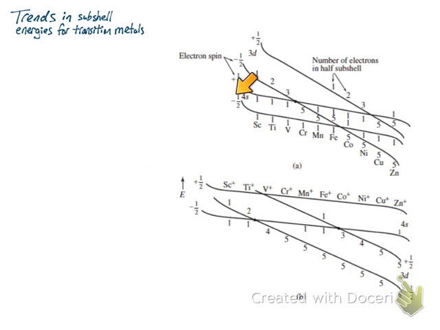Basically what you're looking at here is these two lower lines represent the energy of the electrons in the s orbitals for these transition elements, and these two parallel lines represent the energies for the d electrons. The separation in energy here represents the pairing energy of the electrons. So, for instance, the first electron in scandium will go right into a 4s orbital. The second electron goes in and has to pair up, so that slightly raises the energy.